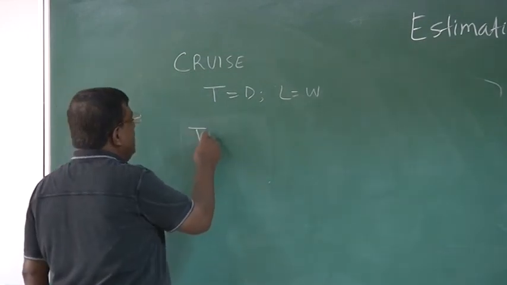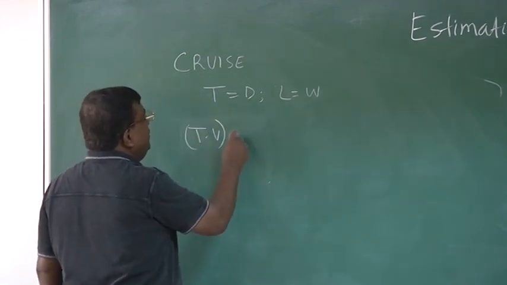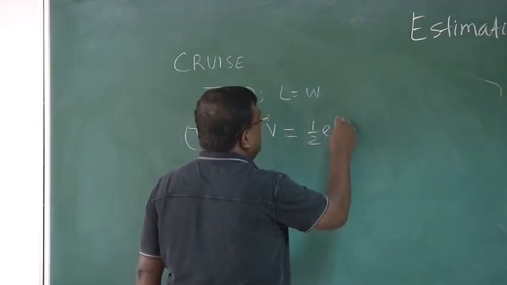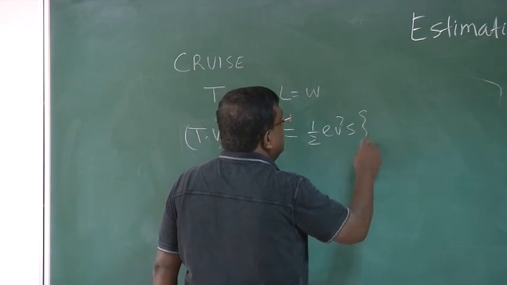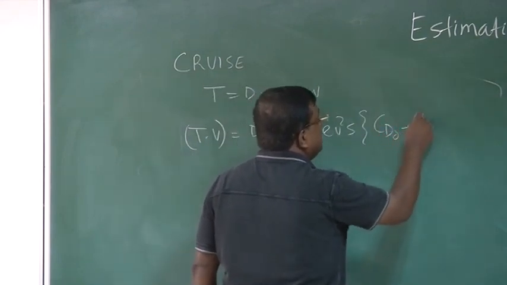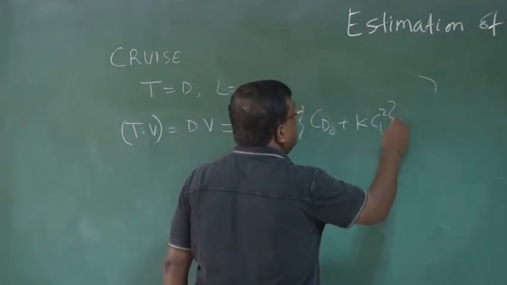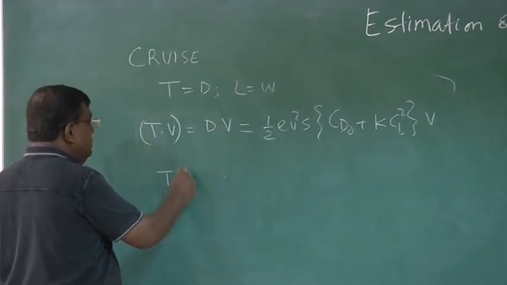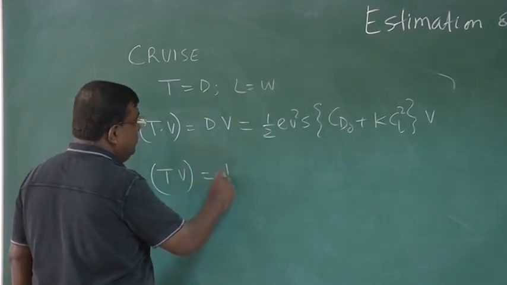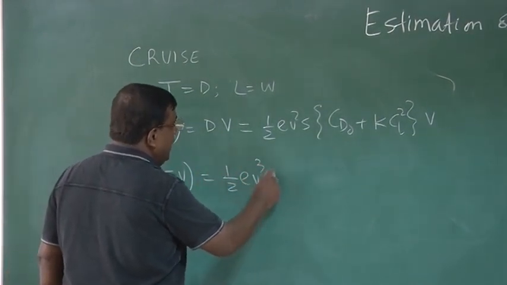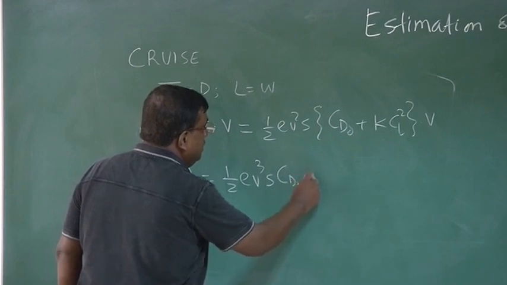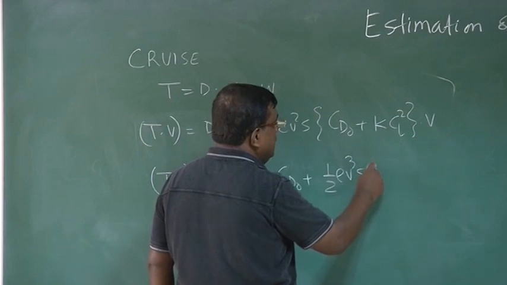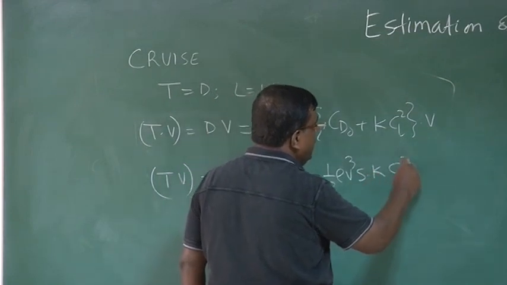So I multiply both sides by V: T into V equals D into V, which is nothing but half rho V squared S into (CD naught plus K CL squared) into V. So again I write T into V is half rho V cubed S CD naught plus half rho V cubed S into K into CL squared.